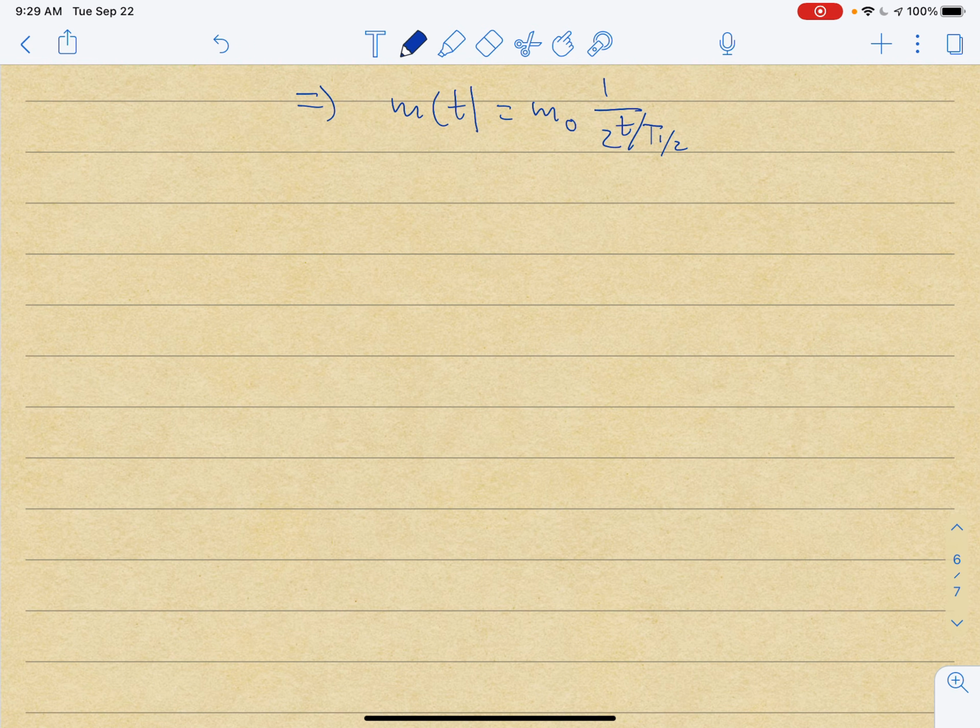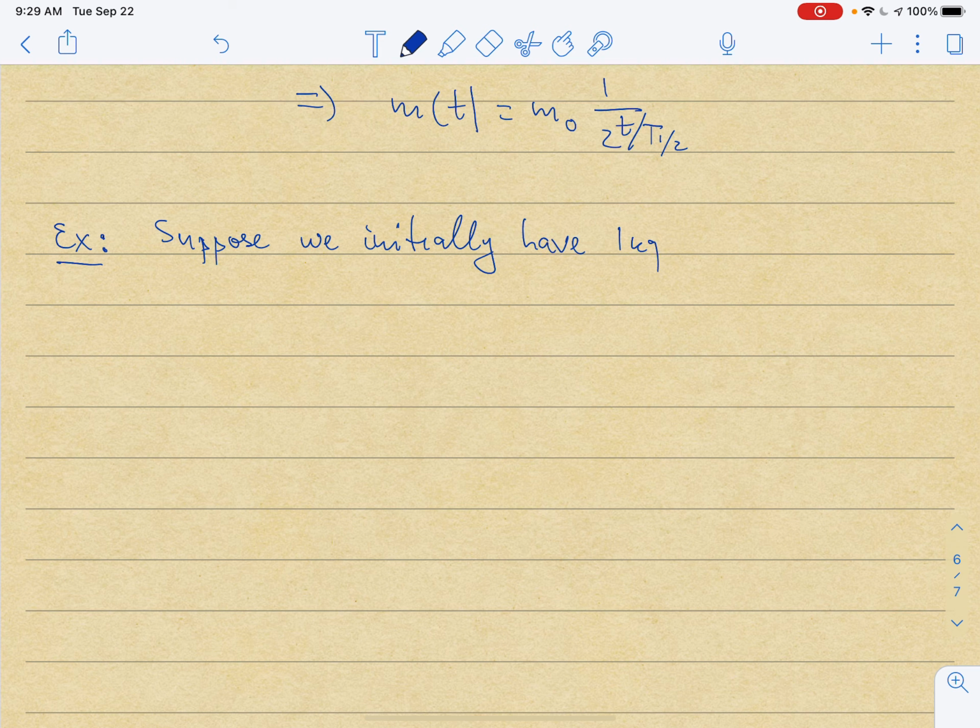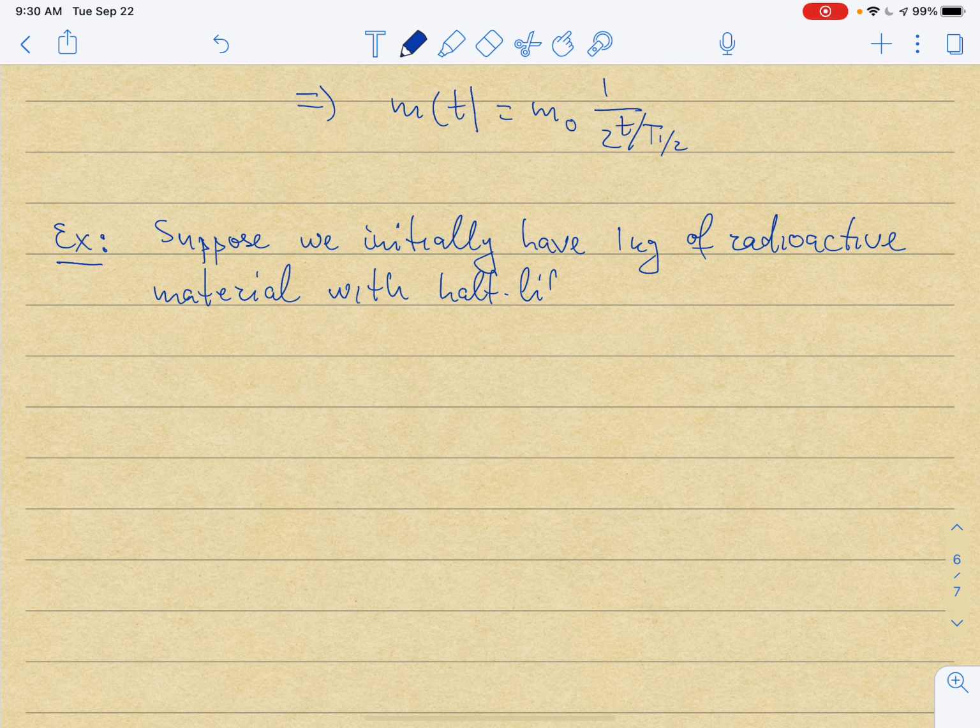All right, so let's do an example. Suppose we initially have one kilogram of radioactive material with half-life, let's say, 10 days.